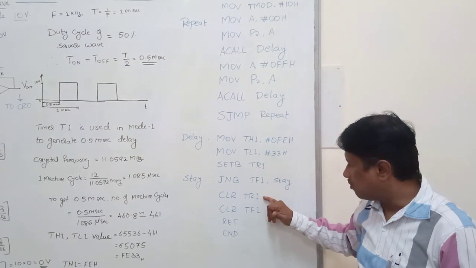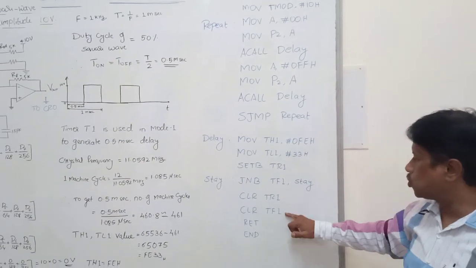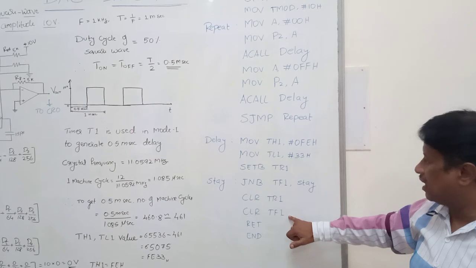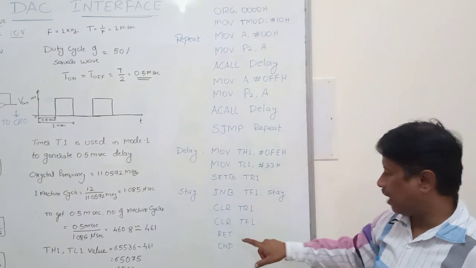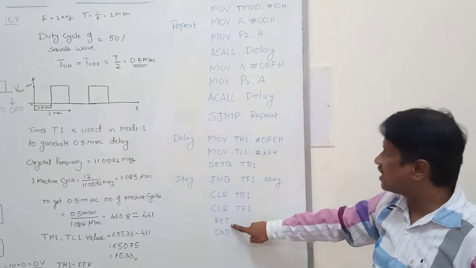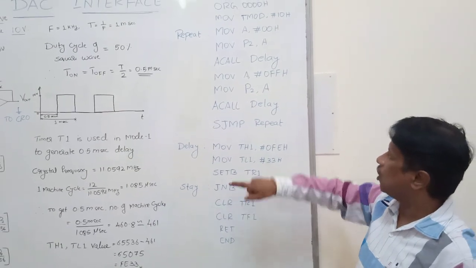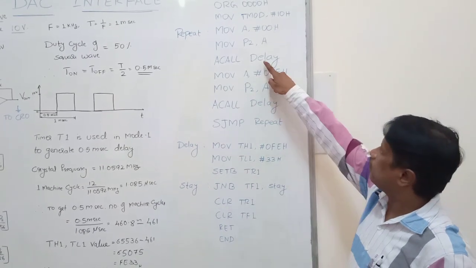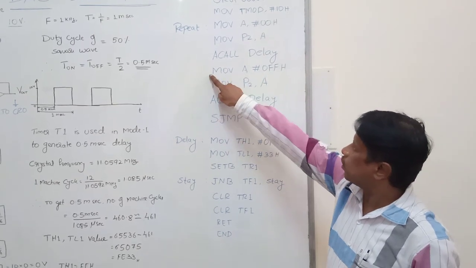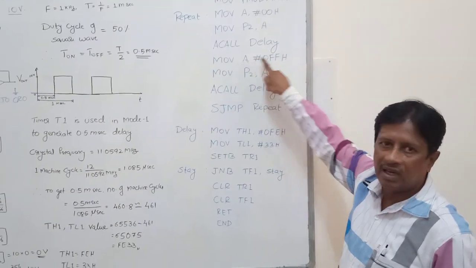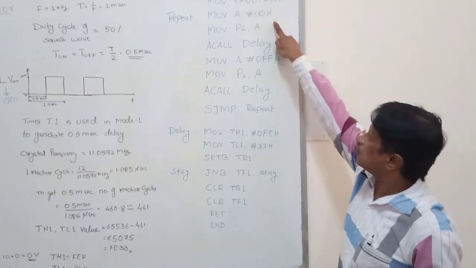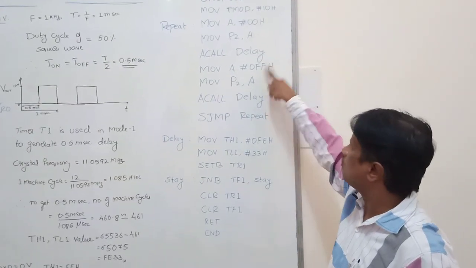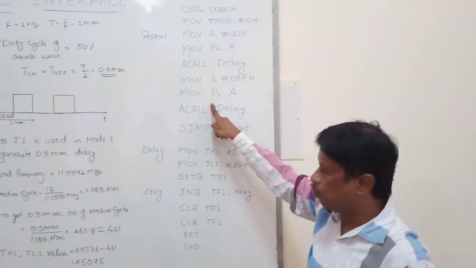Then I stop my timer and also clear the TF flag, and since I am in a subroutine, I have to go back to the main program. I have given return. Once I say return, the next instruction after the subroutine is executed, so the program comes to this point. Here I am moving FF. First I moved 00, now I am moving FF, and this FF is given to port P2.